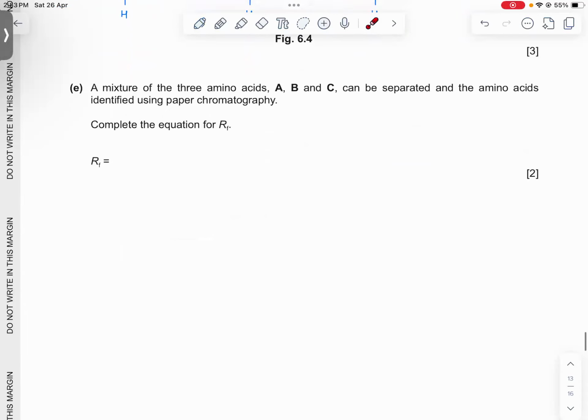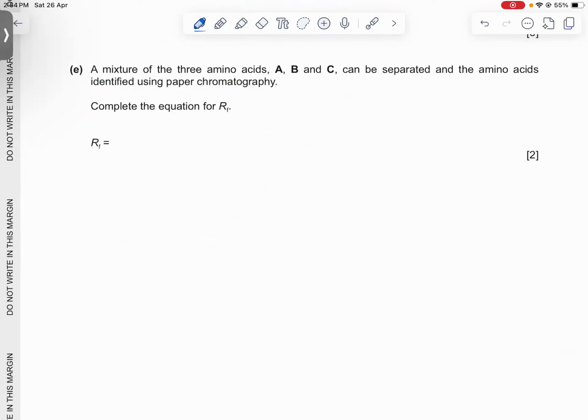Okay. Next, a mixture of three amino acids A, B, and C can be separated, and the amino acids identified using paper chromatography. Complete the equation for RF. What is the equation for RF?